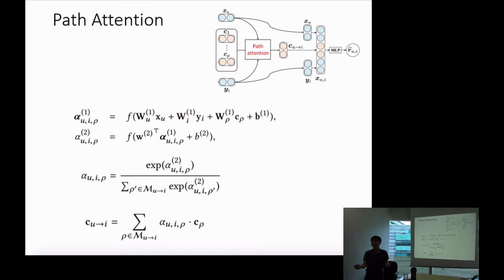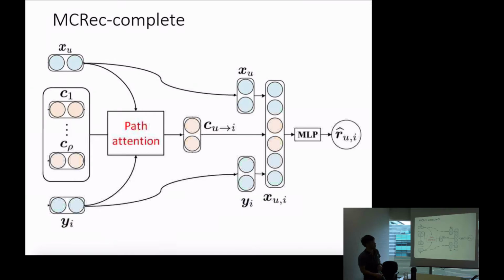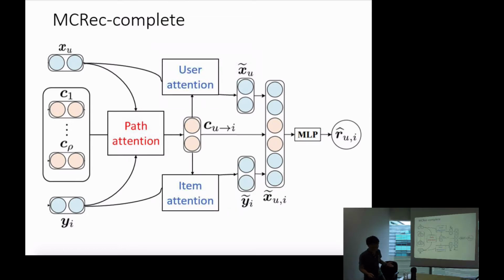Any question? All right. So, what can we do more? We already have path attention. We can do user attention and item attention. So, what does it mean?